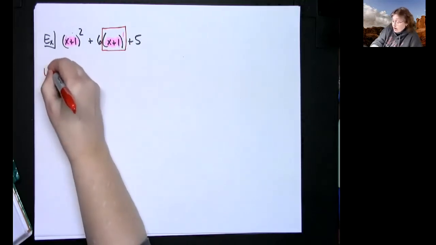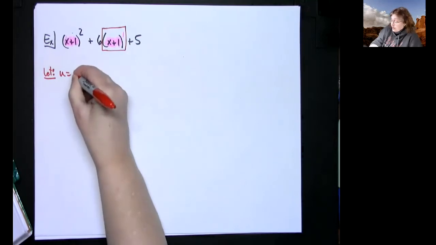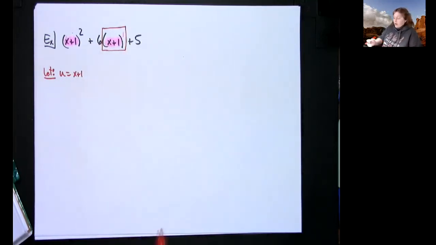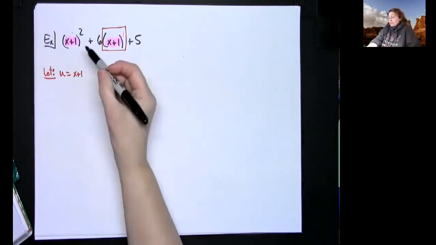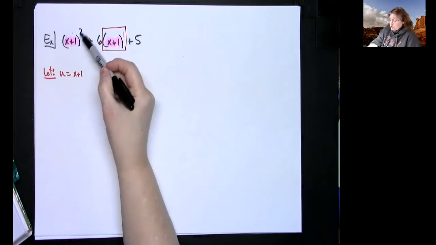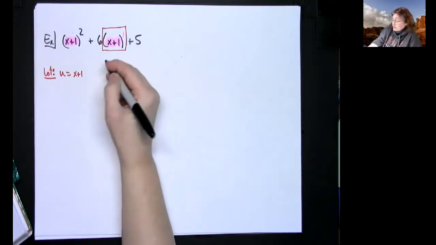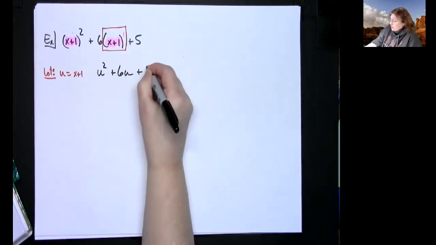So I'm going to let my u equal x plus 1, and I don't need to write it to the first power. Then my second line is always going to be u squared plus whatever this coefficient is, u, plus this constant. So I'll have u squared plus 6u plus 5.